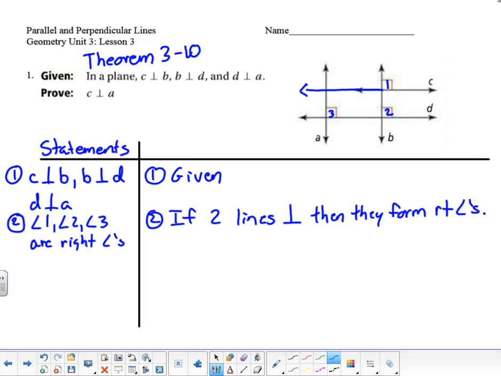Okay, so now what I can say is that angle 2 is congruent to angle 3, and the reason for that is all right angles are congruent.